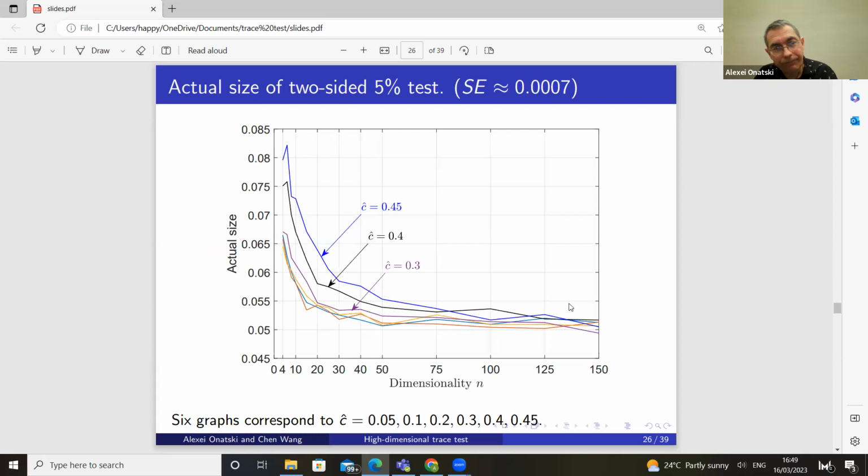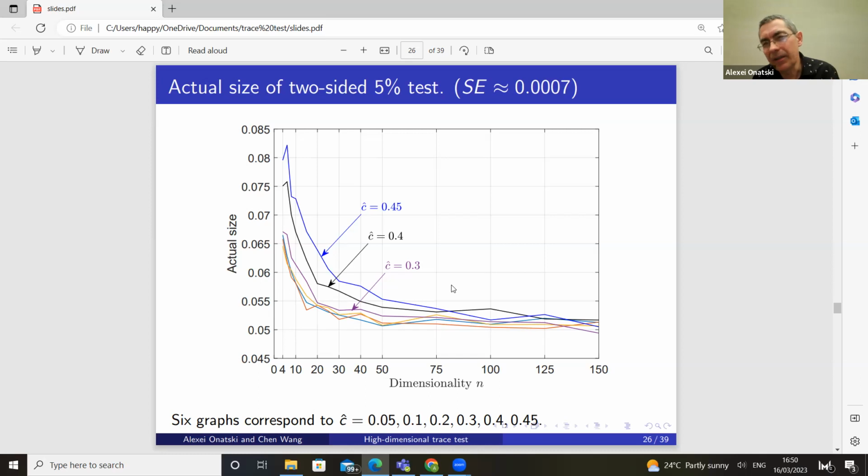So the first picture, what you see here, is the Monte Carlo size of our test. On the horizontal axis is the dimensionality n, and I consider all kinds of different dimensionality t. The dimensionality t will be encoded in c hat. Remember, c hat is basically n over t.